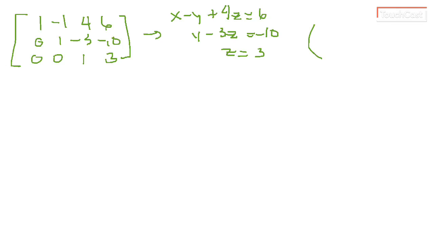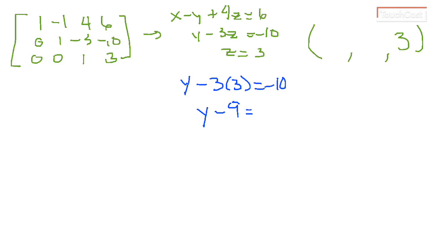So in our solution, we know the z term is 3. We're going to take that and put it into the second equation. So we're going to go y minus 3 times 3 equals negative 10. Well, 3 times negative 3, we're going to get y minus 9 equals negative 10. So if we add 9, negative 10 plus 9 gives us y equals 1. So our y term is 1.